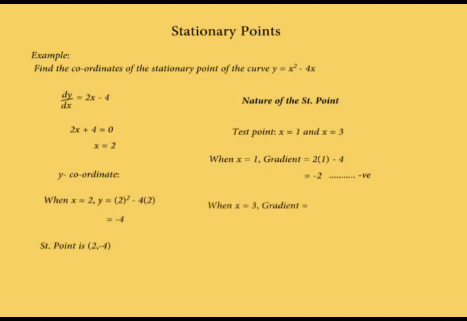When x is equal to 3, substitute 3 into the gradient function. 2 times 3 minus 4 gives us 2. So the gradient to the right is positive. The gradient changes from negative to 0 and then to positive. So that looks like this. It is a minimum stationary point.